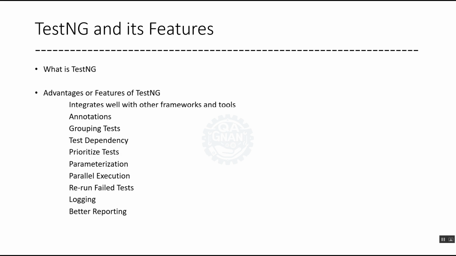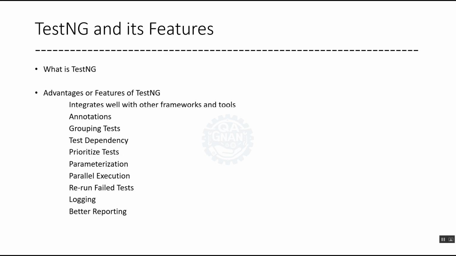TestNG again allows us to set the priorities for our test methods. We can specify the order in which these tests should run using the priority attribute in the test annotation. These annotations which we discussed above also allow us to add some attributes. So this priority attribute goes as part of @Test.